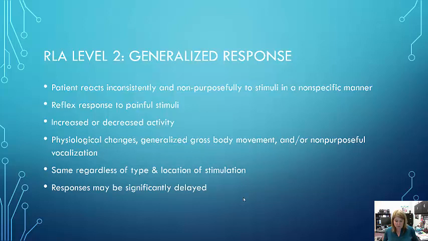As the person progresses, they're going to move to a more generalized response, which means that they're not really responding particularly and specifically to something, but you're getting some kind of awareness that they are aware of you. So it could be that you do range of motion with the patient and they groan, or it could be that you come in, you start talking to somebody, and they start trying to rip out all their monitors and their leads and everything, and that does happen.